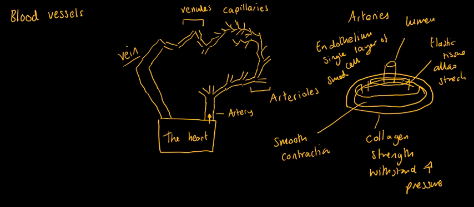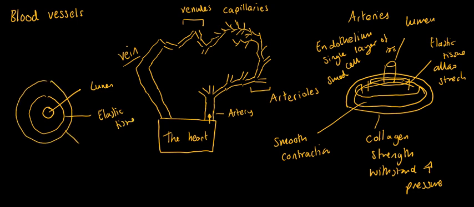So if I was to draw this from a bird's eye view, so we can have a better look, I've got my lumen, followed by my elastic tissue, followed then by my muscular wall, my muscle, and then followed by my collagen.